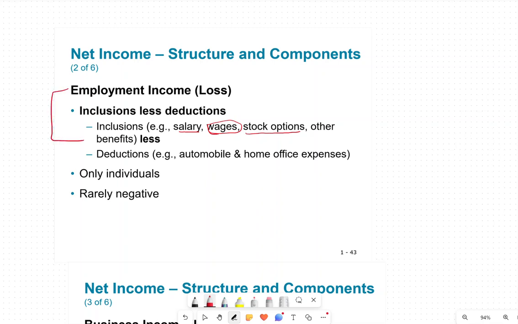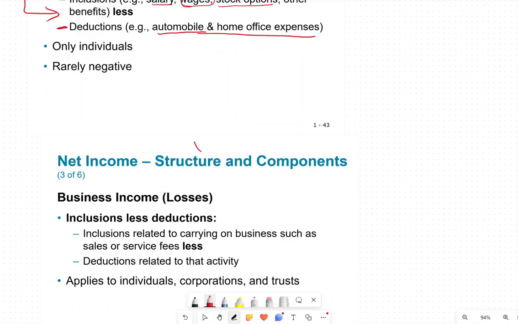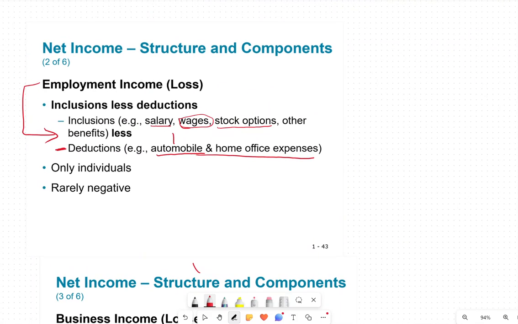That all goes into my employment income. You're allowed to deduct any automobile or home office expenses that you incurred to earn that salary or those benefits.